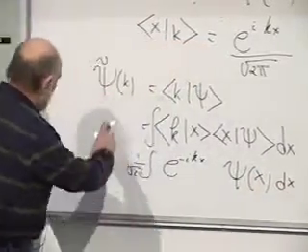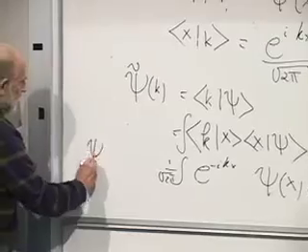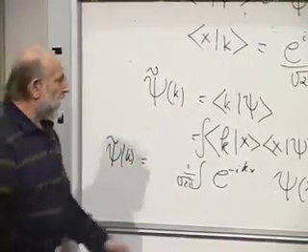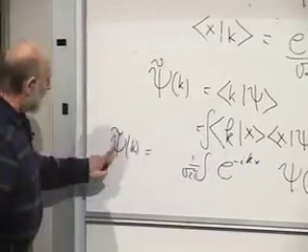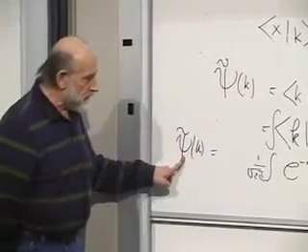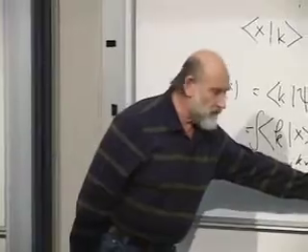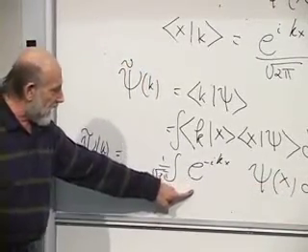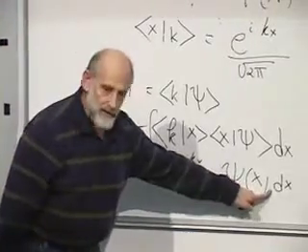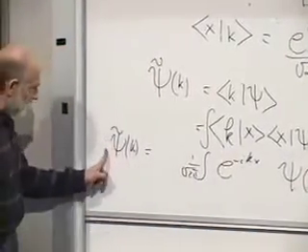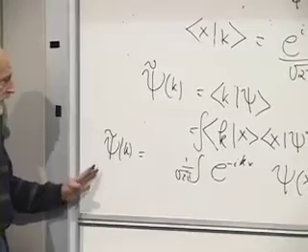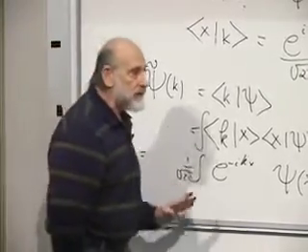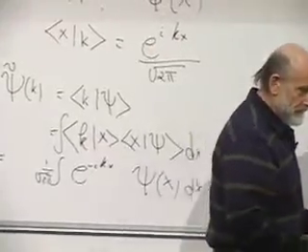That's equal to what? That's equal to psi twiddle of k. What's the bottom line? The bottom line is if I want to know the probability for a given momentum, I take the wave function as a function of position, I multiply it by e to the minus i kx, and I integrate. That gives me a function of k, and that function of k is the thing that you square to find the probability for different momentum. Okay?